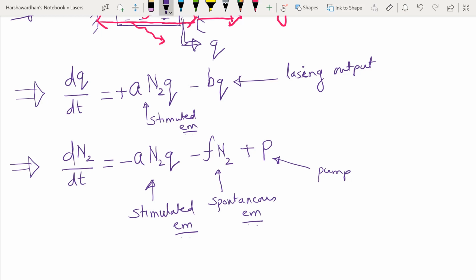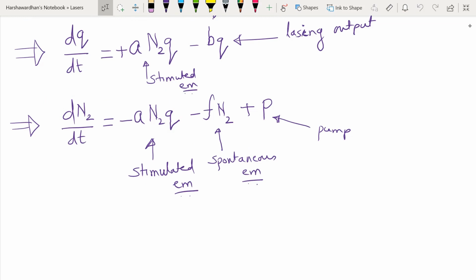There might be other non-radiative decay mechanisms or excitations which I have ignored. The fact that some of the atoms might be in the ground state where absorption will dominate, that is the lasing photons which are generated are being absorbed back by the atoms which are in the ground state, and so on. So there are all these other complications which I have at the moment ignored, and that I have to be very well aware of.